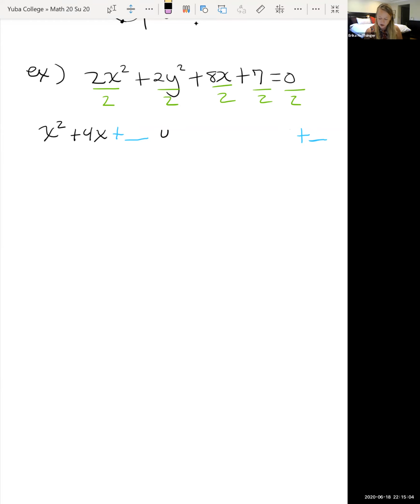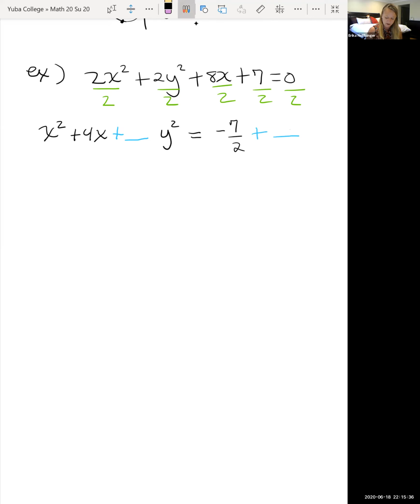But I notice there's no other term in here that has a y, so I'm good there. And I need to move the constant to the other side. So if I move the constant to the other side, I'm subtracting 7/2 on both sides. Because there was no other y term in there, I don't have to worry about making that a perfect square. It's already a perfect square.